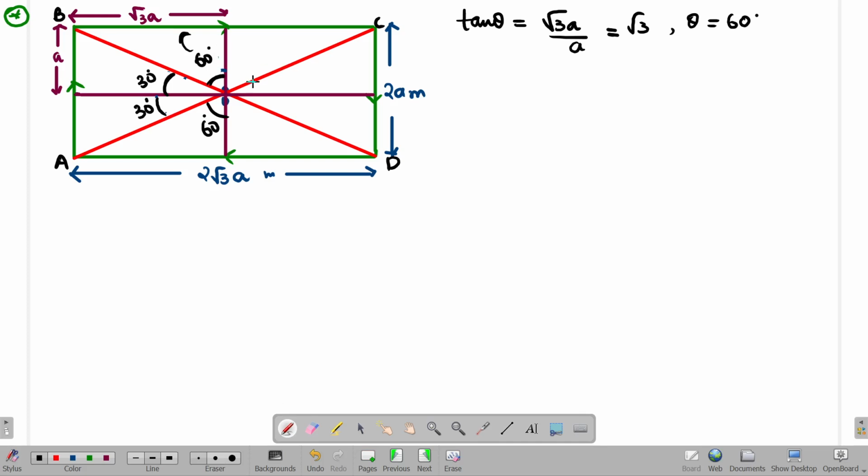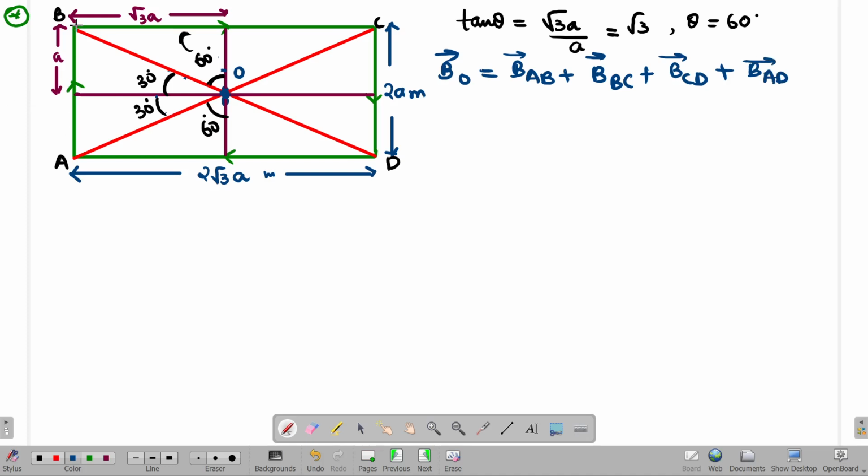So look over here. If I find the magnetic field at the center O, it is magnetic field due to AB in a vector form, plus magnetic field due to BC, then magnetic field due to CD, and then magnetic field due to AD.